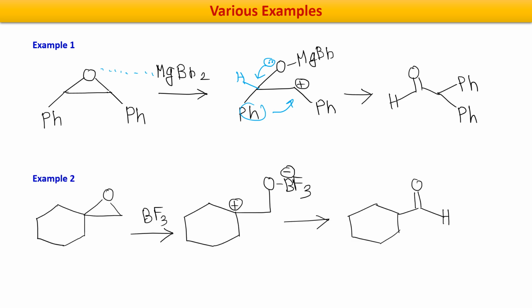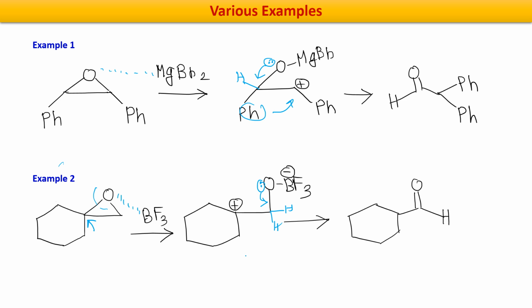In the next example, again we have an epoxide, but now it is not symmetric. On which side will the carbocation be stable? Obviously this side the carbocation will be stable. So there is first an interaction between these two, with negative charge over BF3, and finally on this side you have two hydrogens. One of these hydrogens can migrate when this electron is pushing it, and already this part is acting as the leaving group.